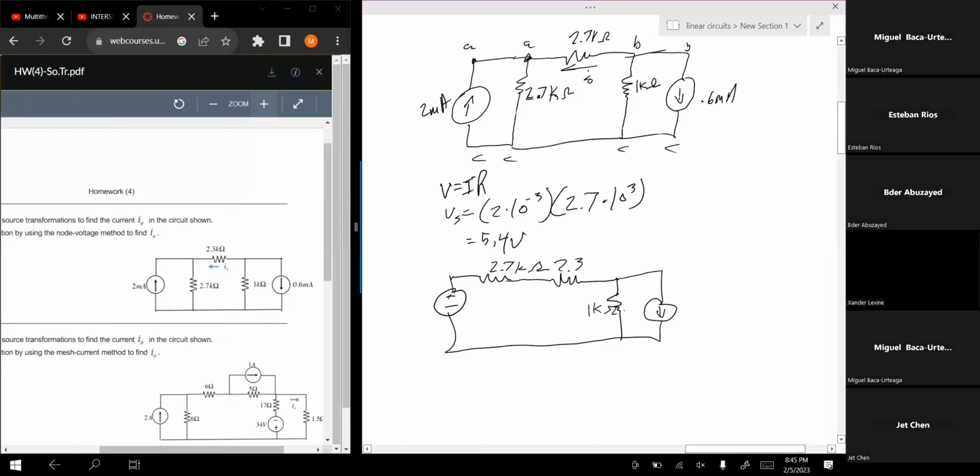Now we have this side over here. So this over here, this is 5.4 volts, and this is 0.6 milliamps.